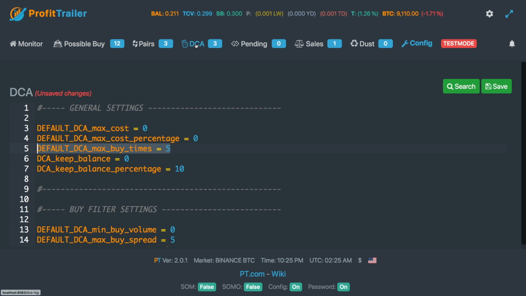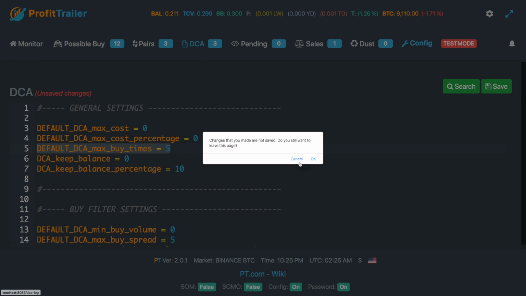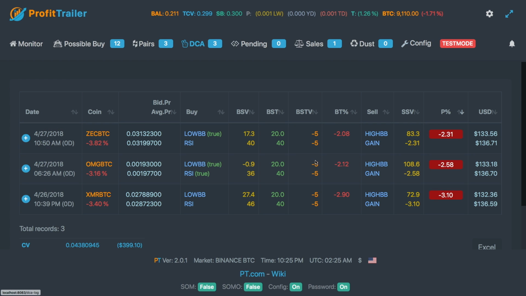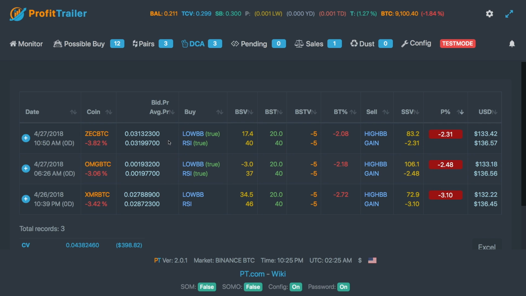I did forget to mention in the prior video that on your DCA page there is a little icon that will show up right next to your average price that tells you how many times this coin has been rebought in your DCA. The first time it'll probably show a yellow square that says 1, and then the next one will be 2, and then 3. So depending on how many times it's been rebought, it'll tell you right here.